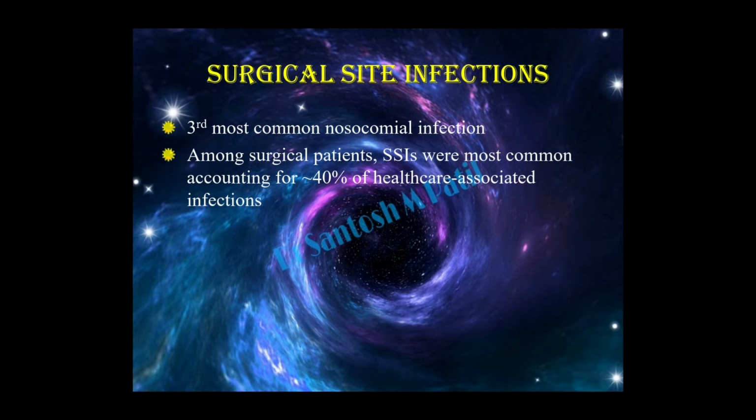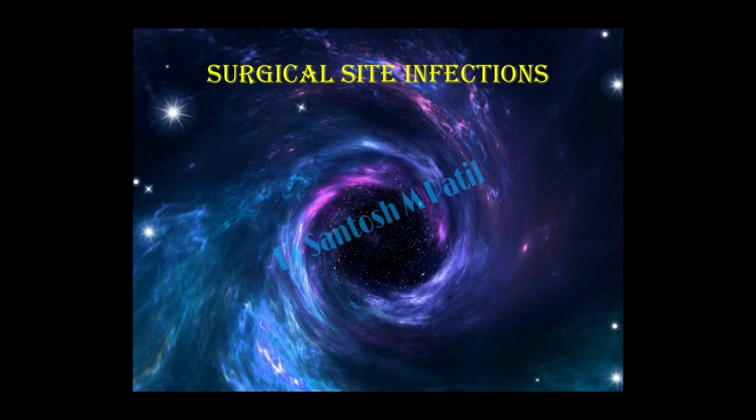That is, highest on top. For any patient admitted for surgery or a surgery-related case, surgical site infection is the most common, accounting for 40% of healthcare associated infection. Among them, 67% usually are incisional infection, that is confined to the operative incision, and 33% are usually organ or space infection. I'll be addressing those in detail.